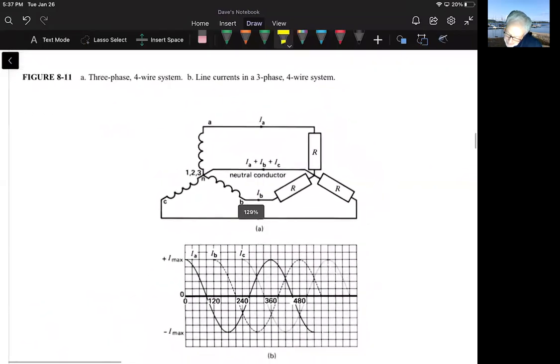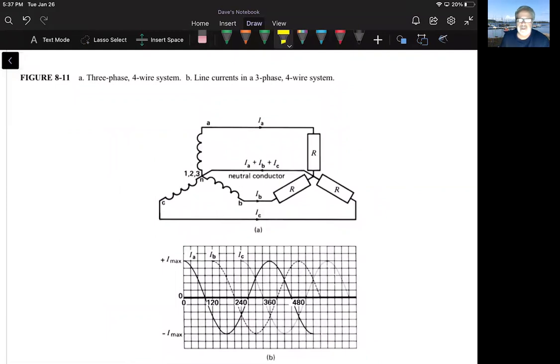Instead of a three-phase 6-wire system, we've now gone to what we're going to call a three-phase 4-wire system. We've got our outputs to the loads, and then the shared conductor that comes back to the common connection for the three phases.